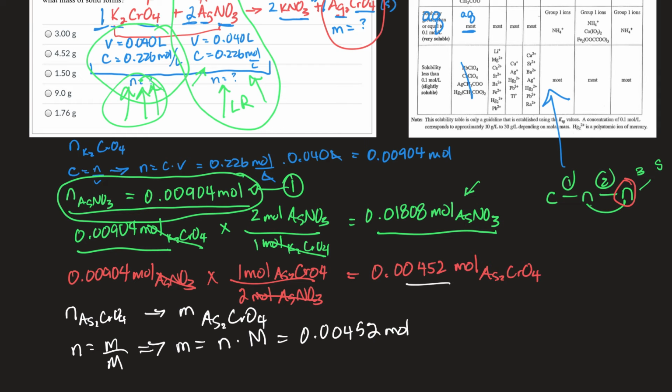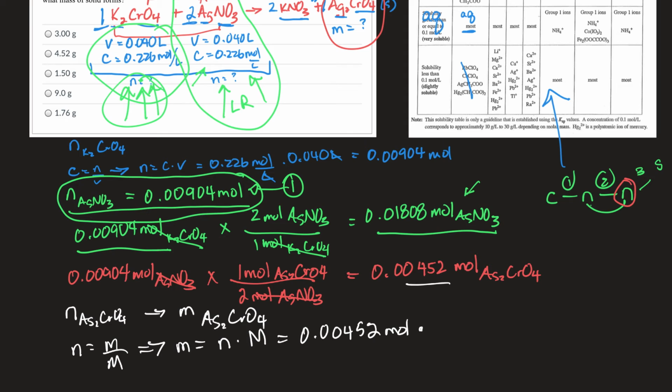Okay. 0.00904 divided by 2. Oh, I typed it in wrong. 0.00904. Yeah, that's right. Okay, so that's how many moles, multiplied by the molar mass of silver chromate.